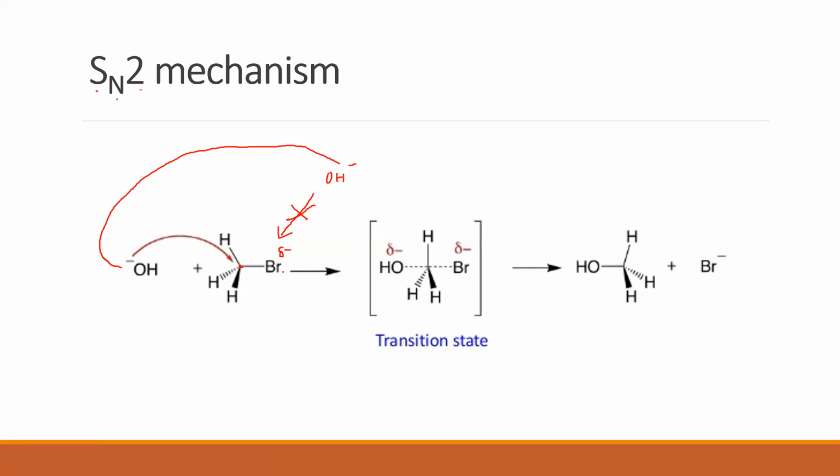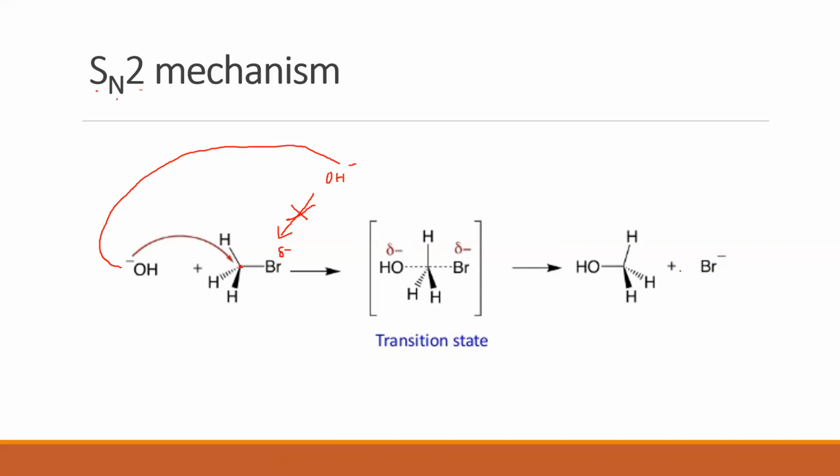Now, after the backside attack, can it form a bond? Yes, it can form a bond. Why can it form a bond? Because the nucleophile has a pair of electrons. It has excess electrons with which it can form a bond with this carbon atom. But is it so easy? No, it is not.